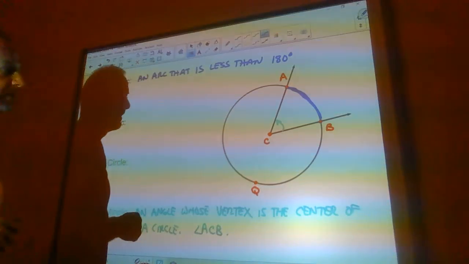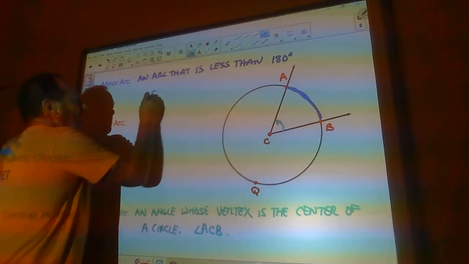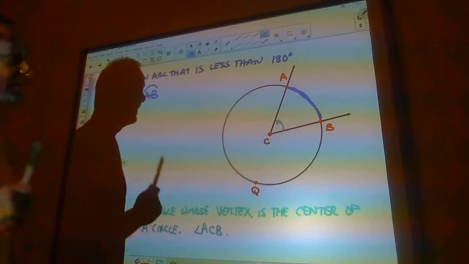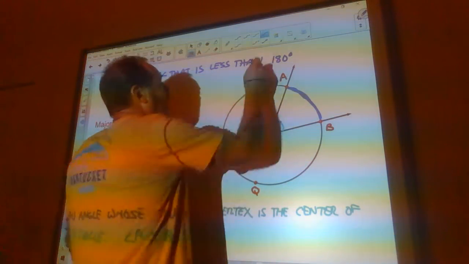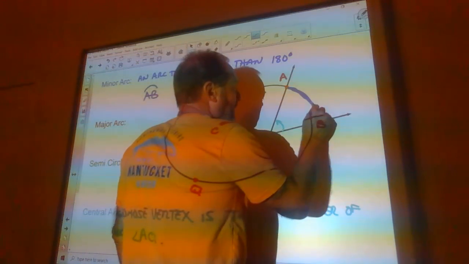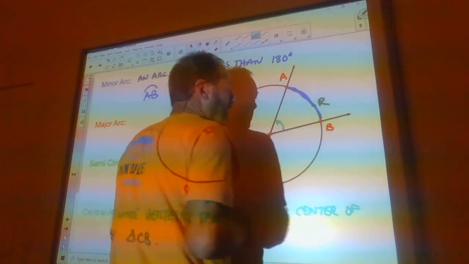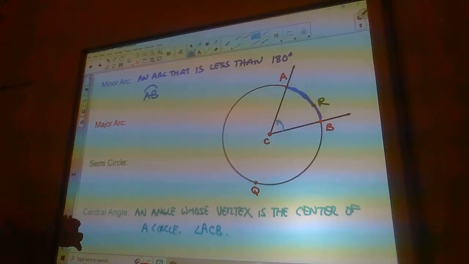That's a minor arc because it's less than 180 degrees, and we write it like this. Arc AB. You could also call that arc BA if you like. A minor arc is always named with two letters, and it's always the ends, okay? So I could have another point right here, call it R, but I would not call that arc ARB. I would only call it arc AB.